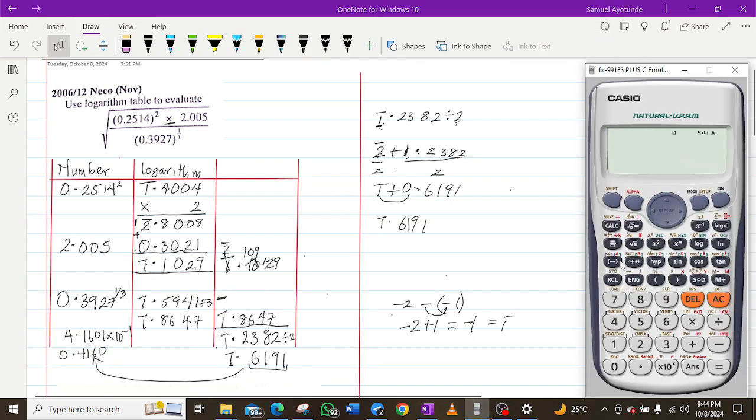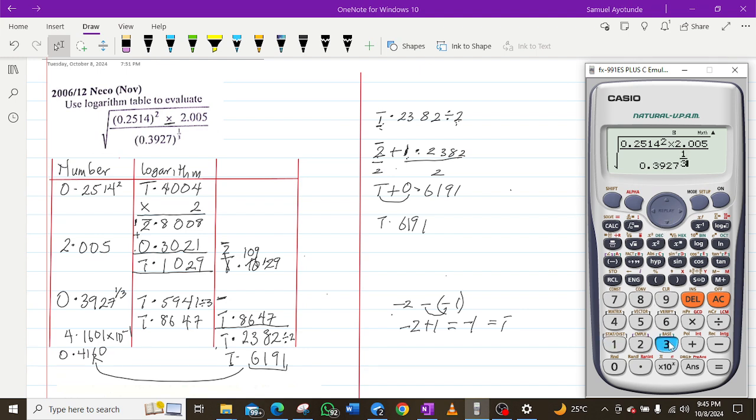So we have square roots, our fraction. So 0.2514 square times 2.005, then we have 0.3927 raised to power, you change the power to fraction, 1 over 3.